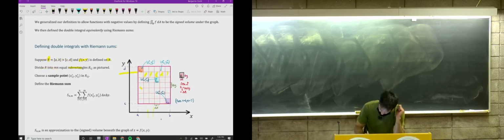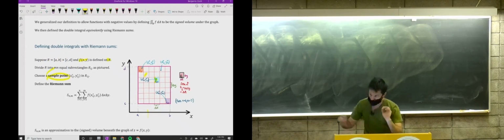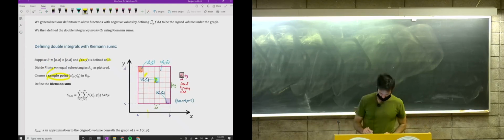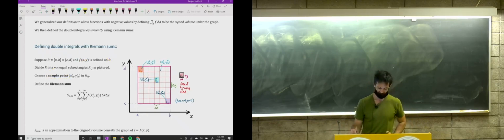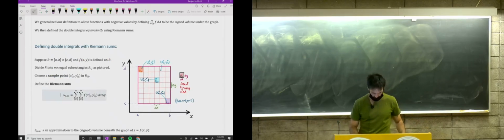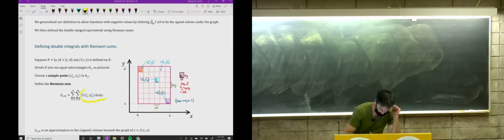Okay, so then in each one of those subrectangles, we pick a sample point. Maybe it's the midpoint, maybe it's the upper left corner or the lower left or any other point inside each subrectangle. We can then form the Riemann sum, which is given by this sum of terms.